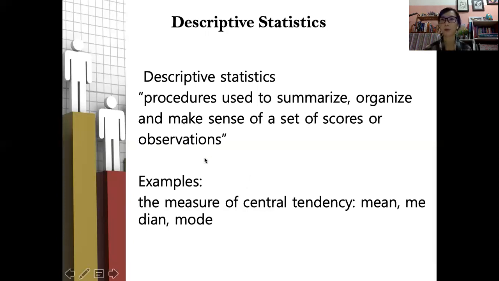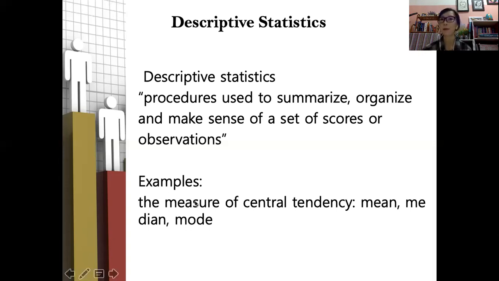In a simpler way, we can define it as statistics that we use to describe. But what does it mean to describe? To describe means to summarize, to organize, and to make sense of a set of scores, or sometimes observations. But this is referring to quantitative observations, not qualitative observations.